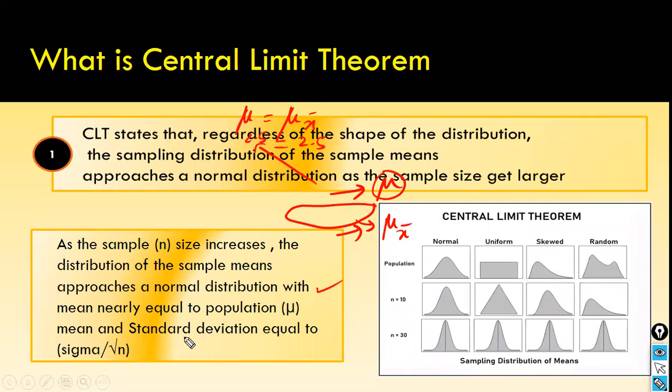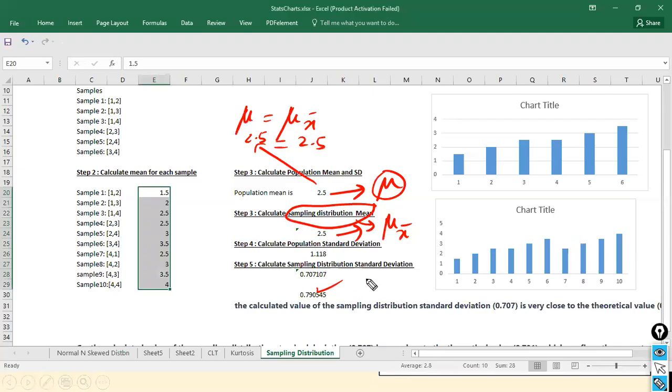Apart from this, the sampling distribution standard deviation is equivalent to the population standard deviation divided by the square root of n, which is nothing but the sample size.